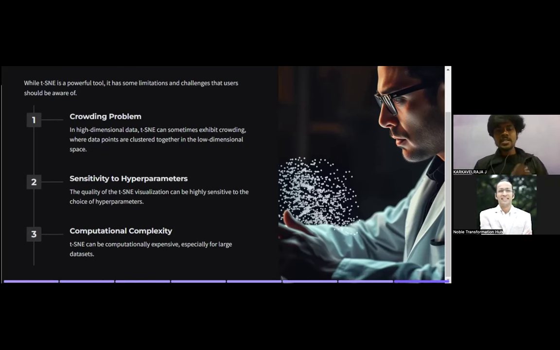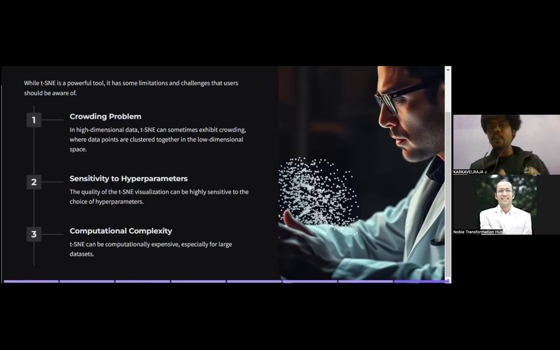Next, computational complexity. t-SNE can be computationally expensive, especially for a larger data set. When you have 1,000 features, the data set can be 1 to 2 GB. t-SNE finds the distance between 2 data points, converts from high dimension to low dimension, and fixes the same distance in the low dimension as in the high dimension.